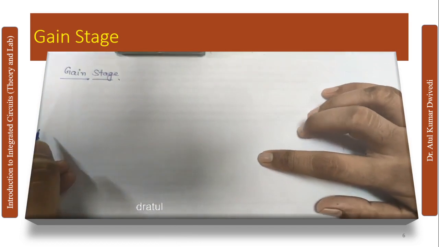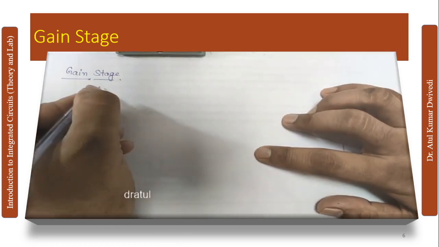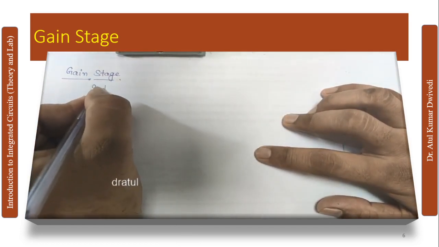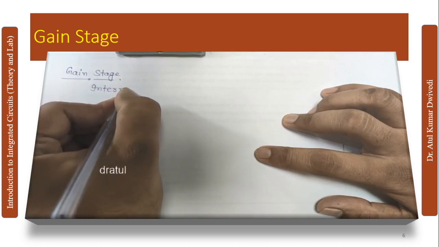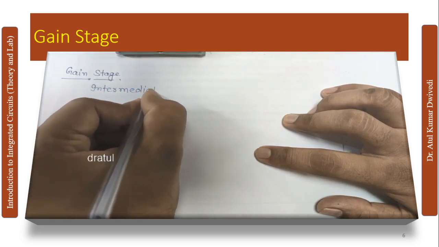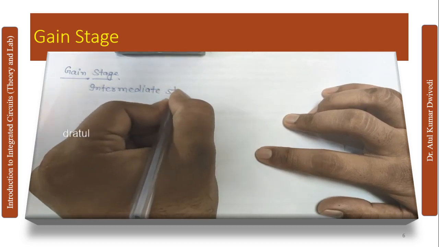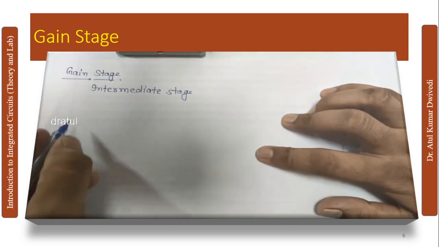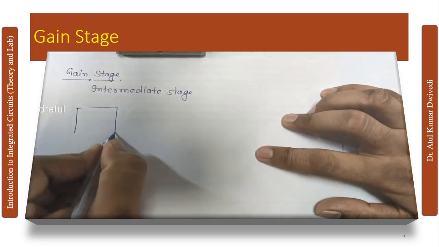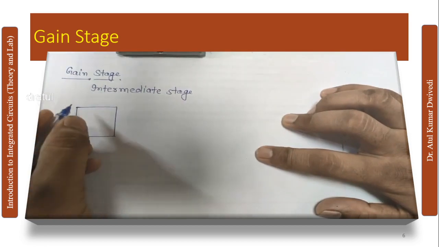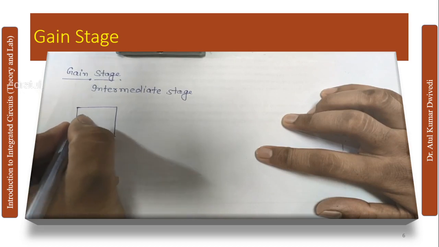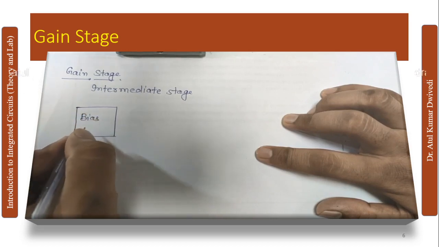Let us see with the help of a diagram. The input stage, with the help of the bias stage, provides the output to the gain stage. In the gain stage, the input comes from the biasing with the input.